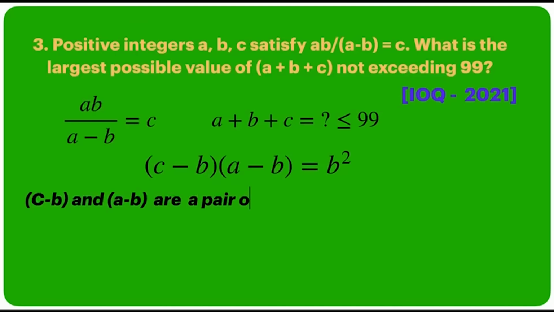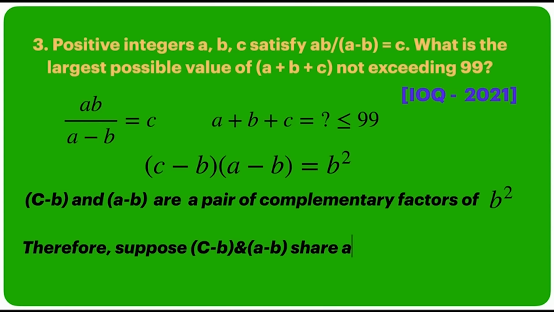And in the same way, we can have the argument like the previous problem, that is c minus b and a minus b are a pair of complementary factors of b square, and so here c minus b and a minus b must share a common factor, and suppose this common factor is k, because we have to guess the value of c, a and b both, isn't it?